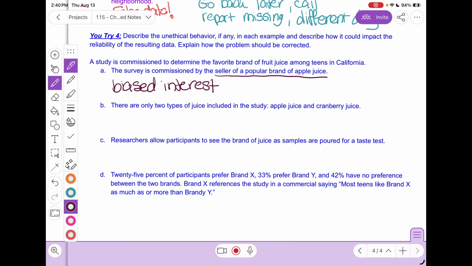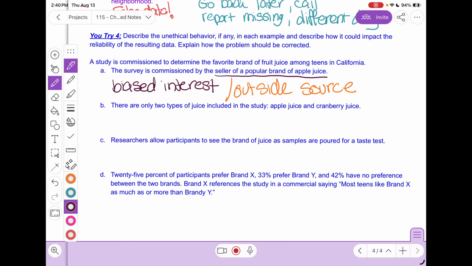They may be less likely to be honest. You never know. So it'd be better if it was anonymous, if it was someone who didn't have that biased interest, if it wasn't the seller, if it was an outside source. So an outside source would be better. Outside source would be a better commissioner.